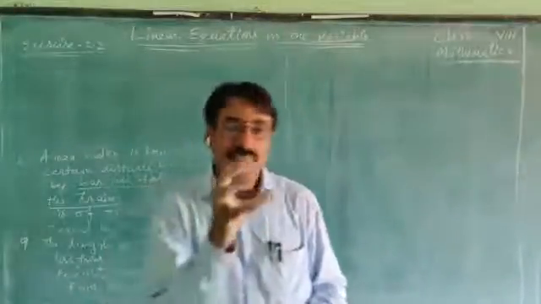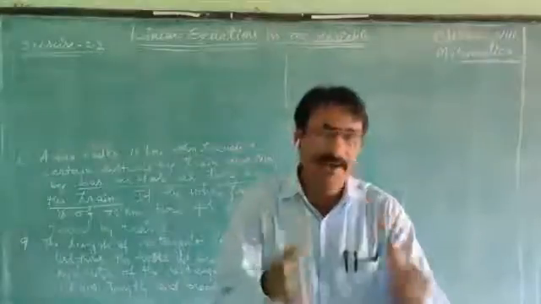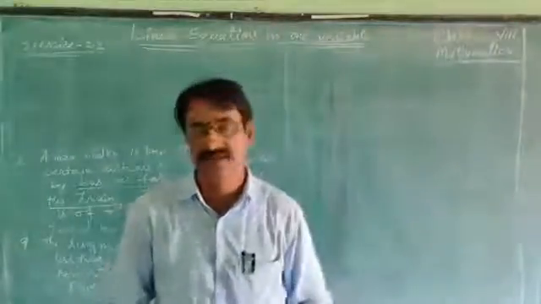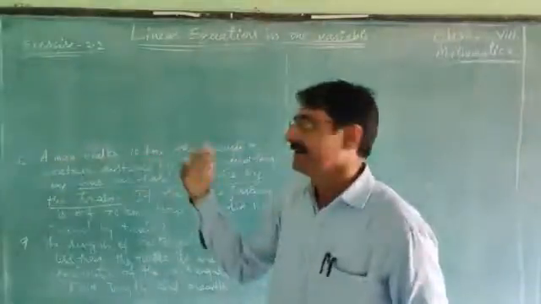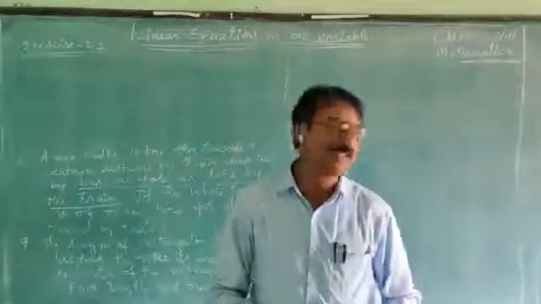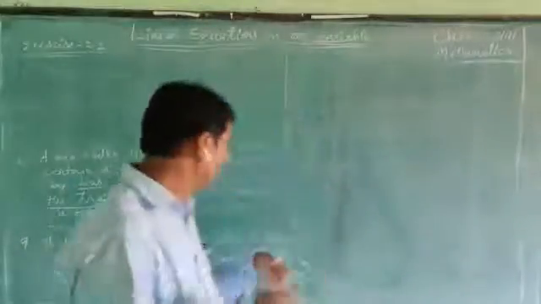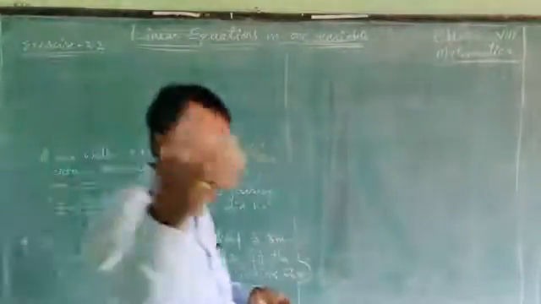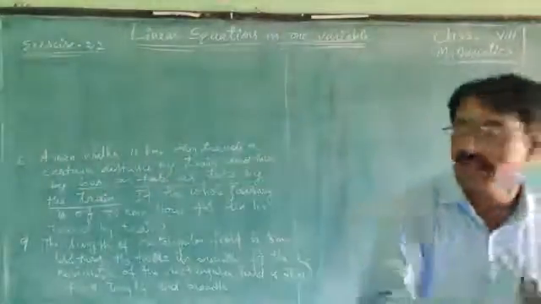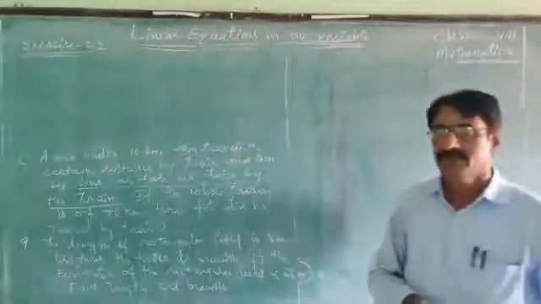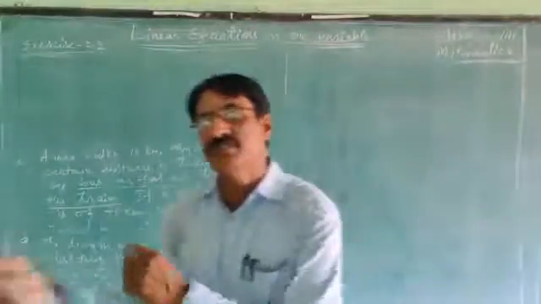That means if we know the distance traveled by train, we can find the distance traveled by bus. Already the third one, by walk, is given as 10 kilometers. If we add these three distances, we get the total distance 70 kilometers. That means the sum of these three distances equals 70 kilometers. So which one depends on which one?